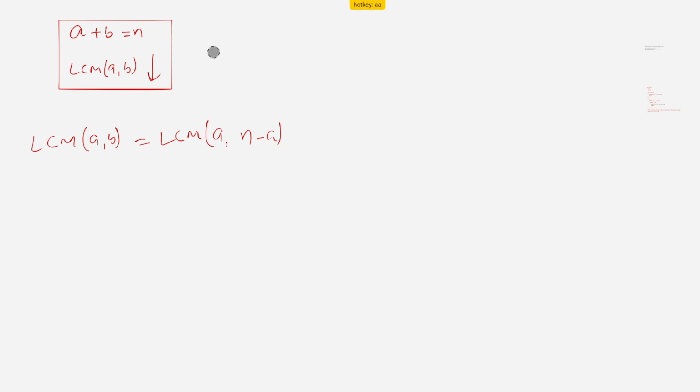And now one more thing. Let's suppose when you do a dry run for a particular n like 14 or 12, you will realize that a goes like 1, 2, 3, 4, 5, 6, 7, 8 up to 13, and b goes like 13, n minus 1, 13, 12, 11.